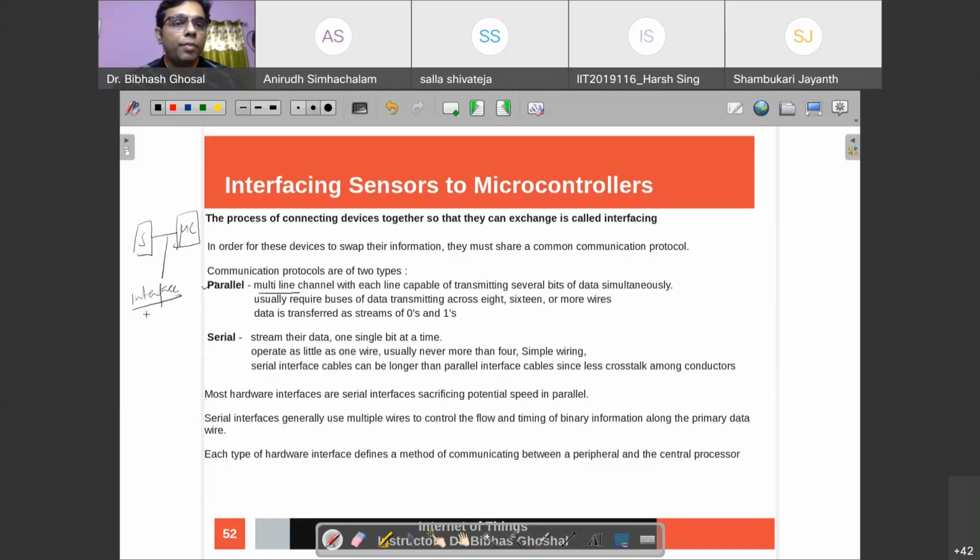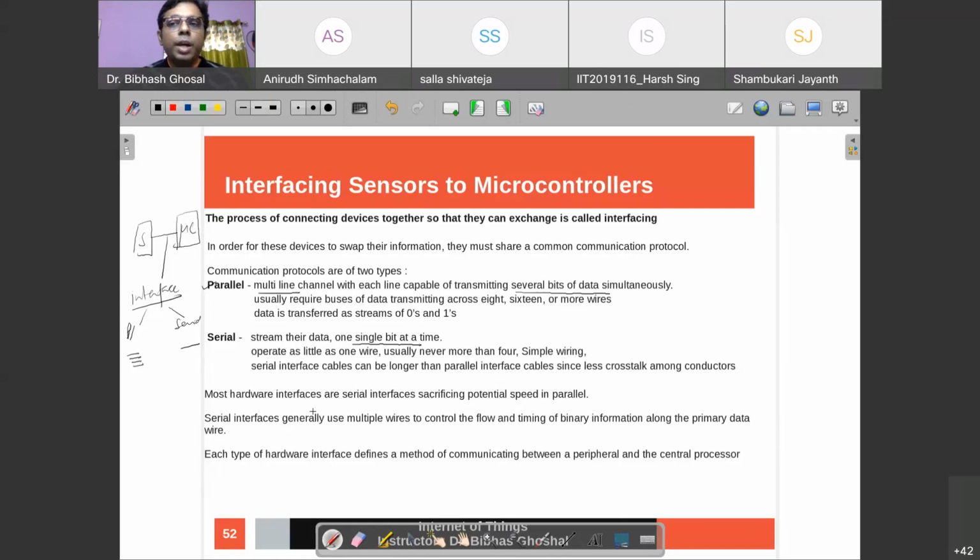And if it is serial, then we'll have only one line. Because it is parallel, it is able to transmit several bits simultaneously. And in serial, it's only one by one.